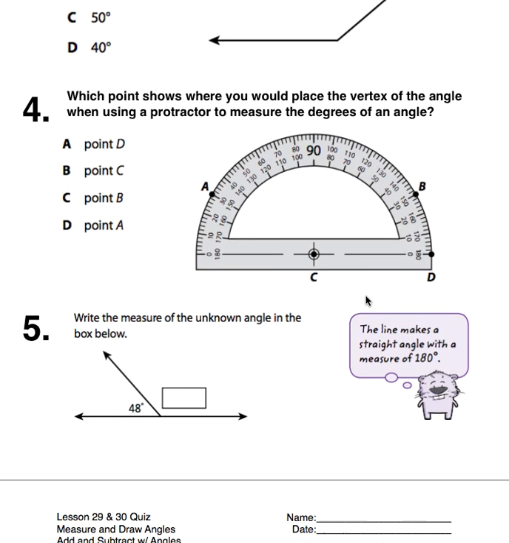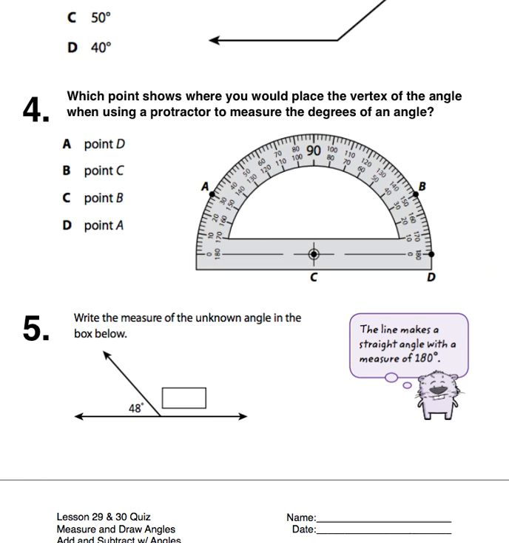All right, number 4. Which point shows where you would place the vertex of the angle when using a protractor to measure the degrees of an angle? I hope this is an easy question for all of you. We have gone over and over where we line up the vertex of our angle.